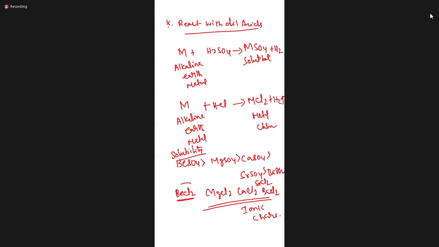Here you need to remember this is covalent character, even this one is covalent character, and the remaining are all ionic. These two are insoluble in water, but these three are soluble in water. Is it clear?